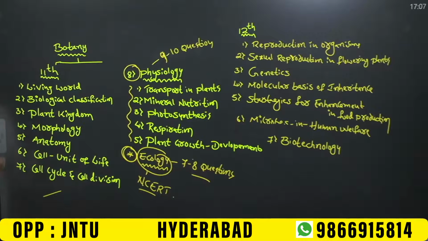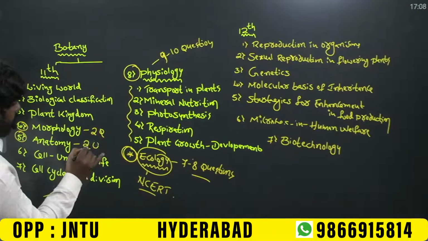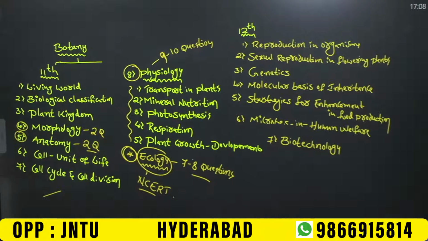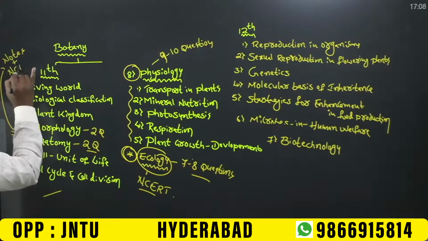And come to morphology and anatomy. After this, the important chapter is morphology and anatomy. From morphology 2 questions expected, anatomy 2 questions we are expecting. And morphology and anatomy require running notes plus NCERT textbook.